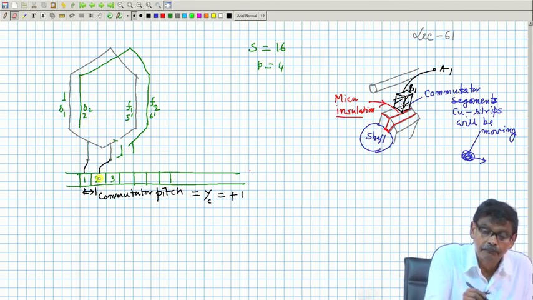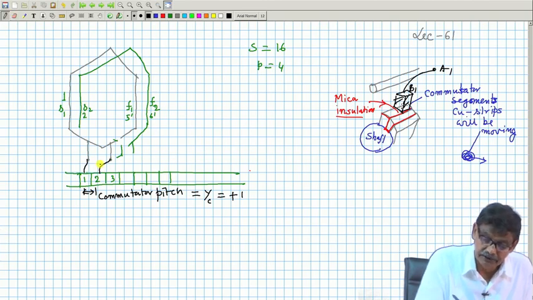So from 2 you start these junctions, and this side will be terminated on 3.